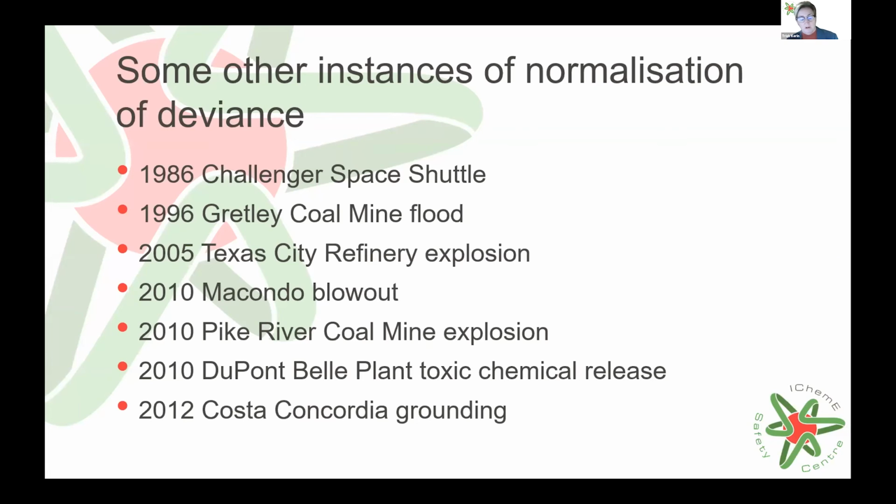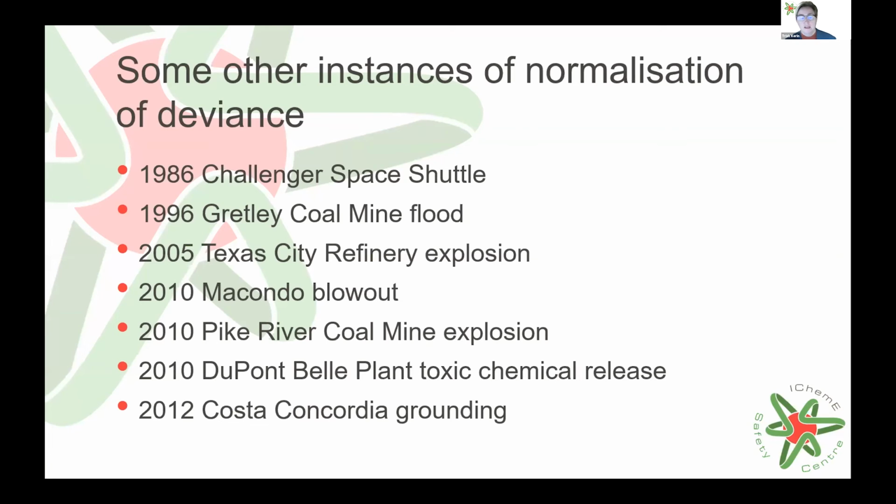Another example of where people ignored the alarms because they assumed the alarms were all false is actually the DuPont toxic chemical release that happened in 2010. Over a 2-day period, there had been 3 separate chemical releases at the facility, but they assumed that they were false alarms because they assumed the equipment was faulty because it had always been faulty in the past.